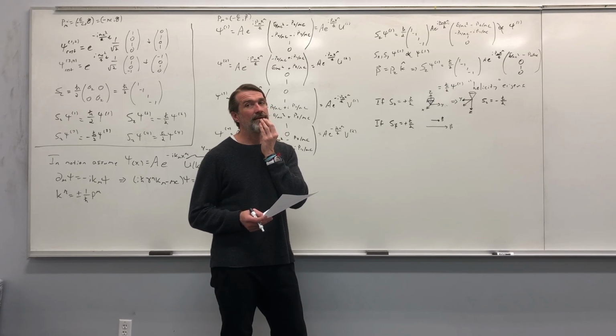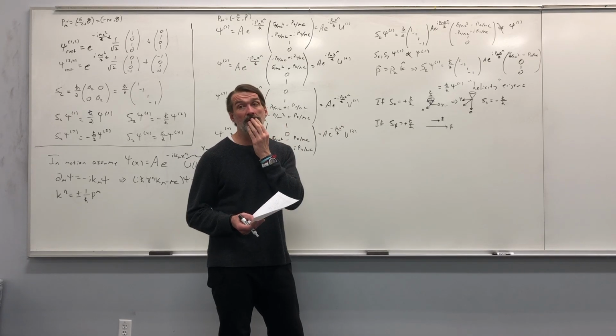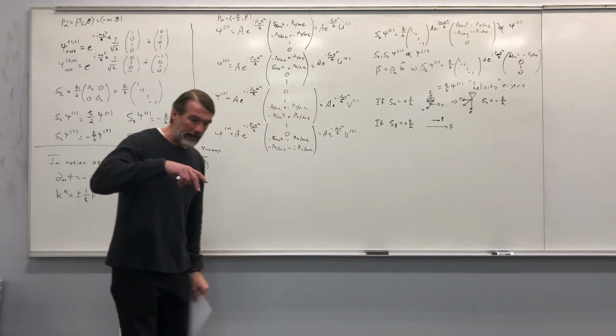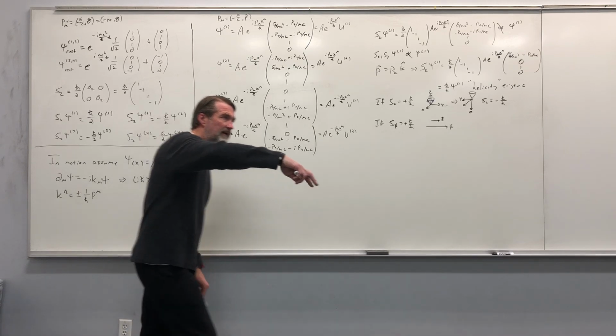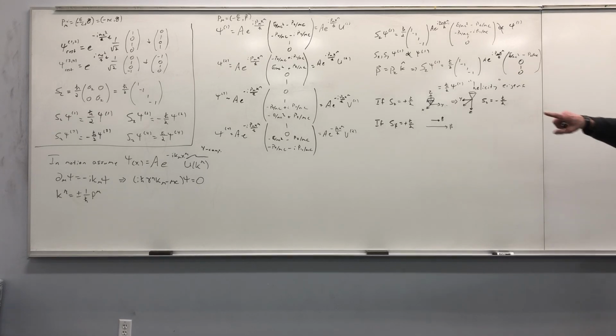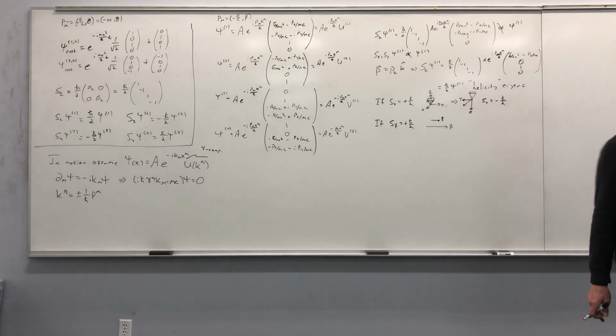Only if it's massive. Yeah, so what can I do? Just move faster than it. Remember, if there's an ant crawling and I'm at rest, the ant's going that way. Now if I start moving, even though the ant is crawling this way, it's now moving that way, according to me. You can always boost past something that's moving below the speed of light.